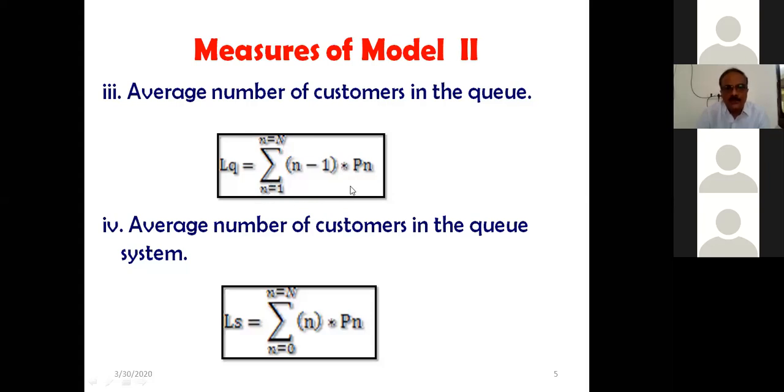Small n indicates the number of patients in the clinic, in the queue, whereas capital N indicates the capacity of the clinic.